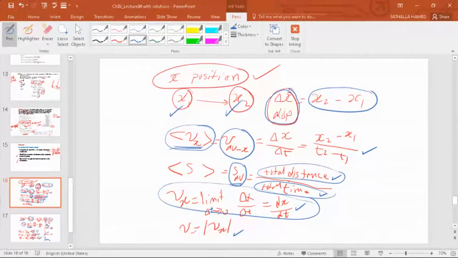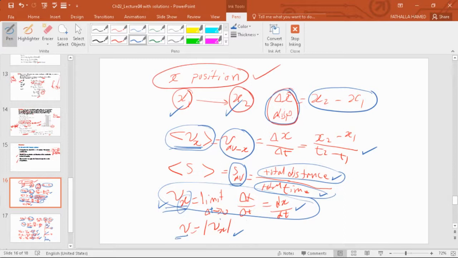Now, when it comes to instantaneous velocity, remember when we looked at an xt graph, you draw a line tangent to the point or at the time where you want to get your velocity, and you take the slope of that tangent. And we said this is, in the limit as delta t goes to 0, delta x over delta t, which is dx by dt. And we said this is basically your instantaneous velocity.